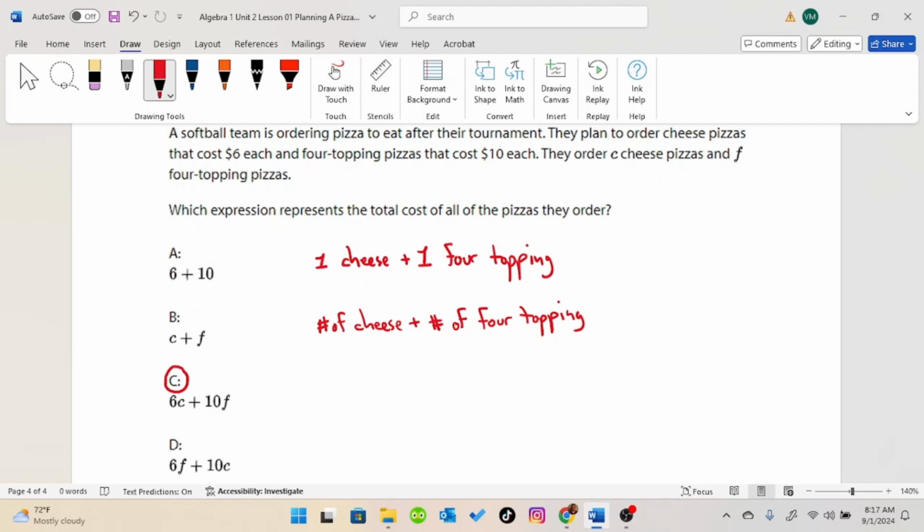We'll take a look at choice D. This tells us $6 per 4 topping, which is incorrect, plus $10 per cheese, which is also incorrect.